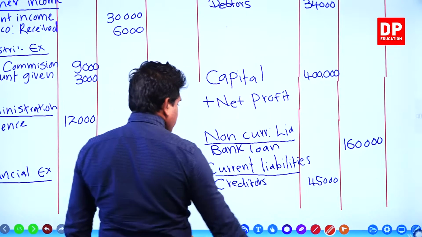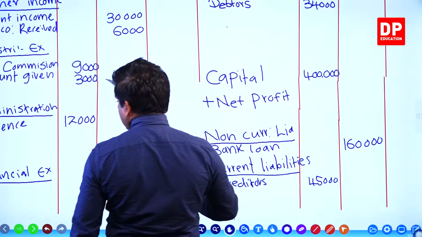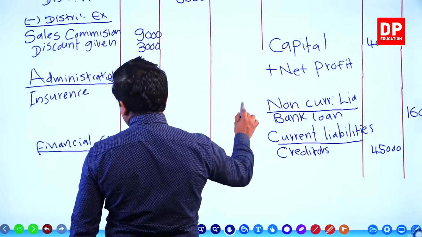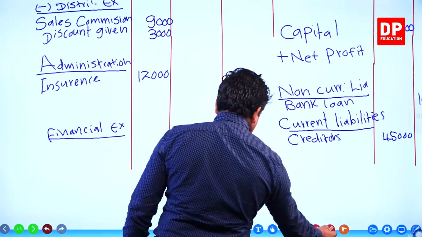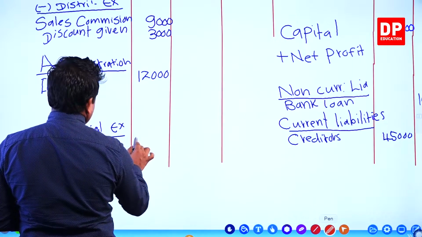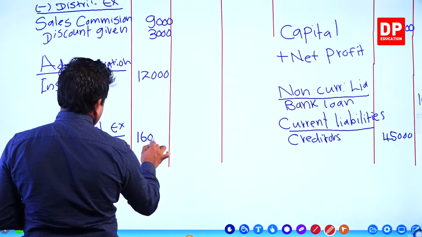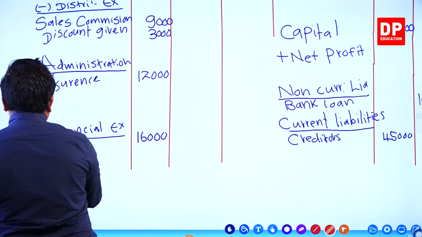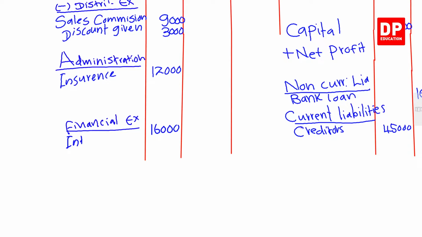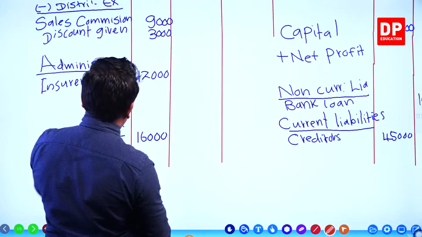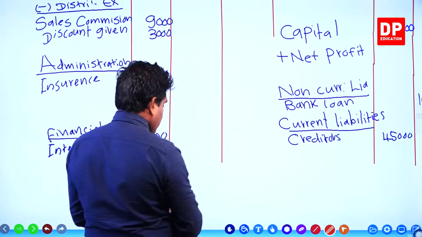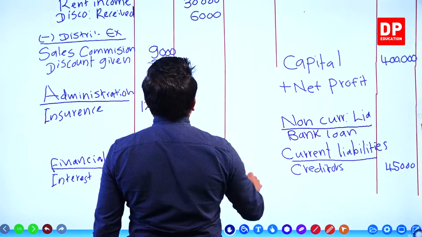Interest expense, do you remember how much? It's a financial expense, 16,000. Interest expense 16,000 goes under the financial expense category.